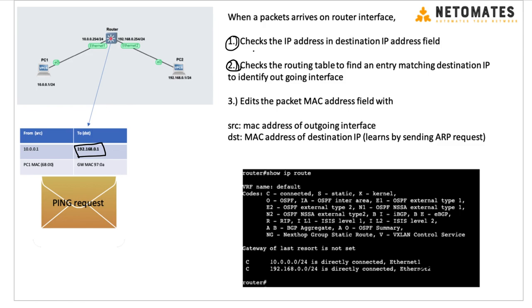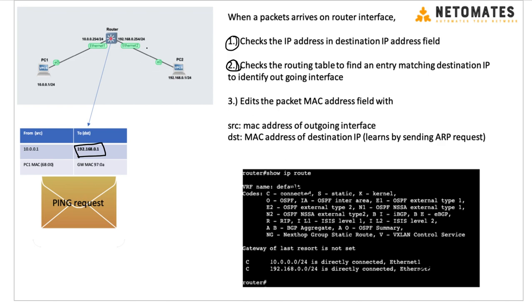So in this example, it has now received a packet with the destination IP of 192.168.0.1. As the second step, it will check its routing table. The routing table says that to send any packet to the network 192.168.0.0/24, it just needs to send the packet out of Ethernet 2. In this case, it's a connected route. Connected route means the network is directly connected to this router.